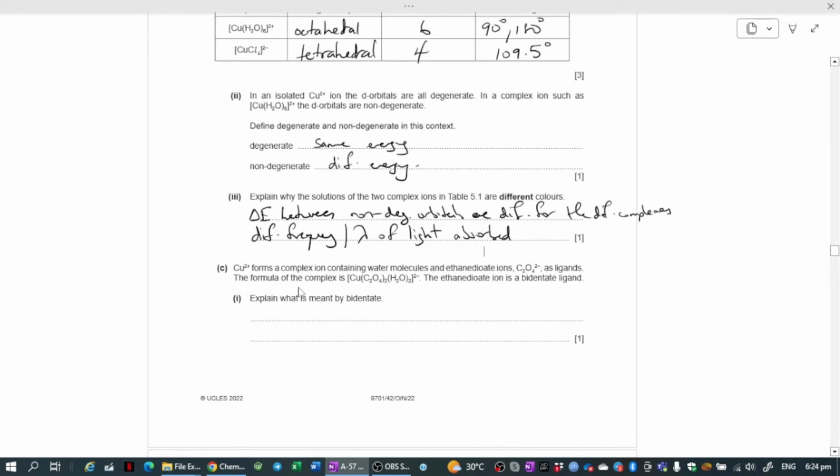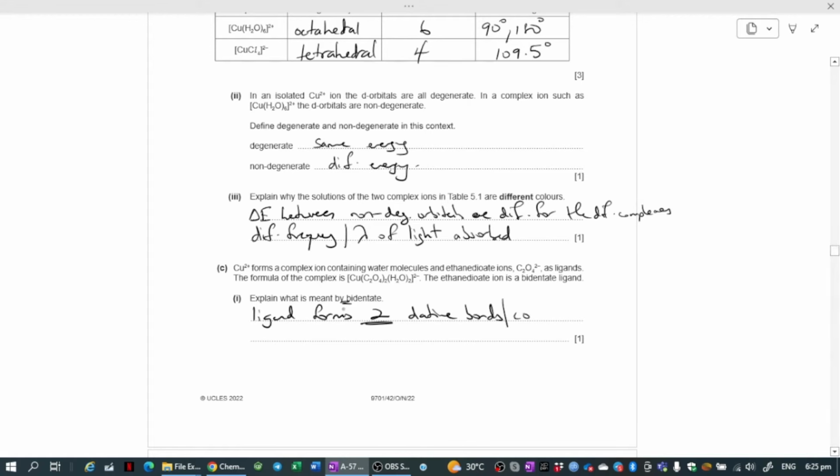Then we are told that copper 2 forms a complex ion containing water molecules and ethane dioate ions as ligands. The formula for the complex is given. The ethane dioate ion is a bidentate ligand. What is meant by the term bidentate? So bidentate simply means that the ligand forms two dative bonds, right?